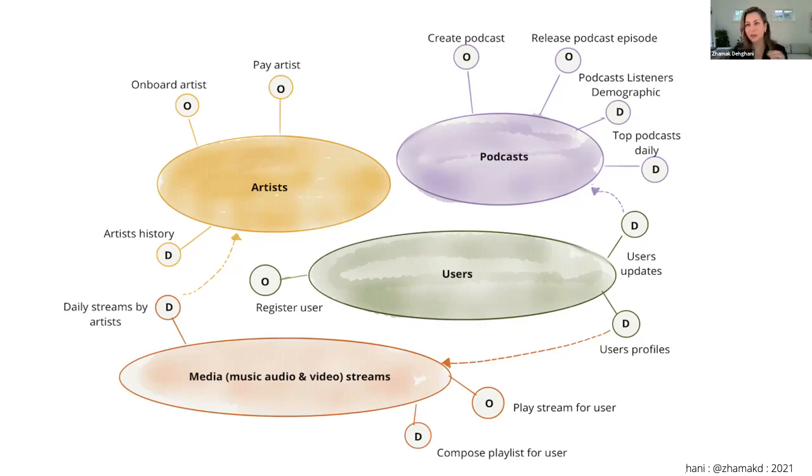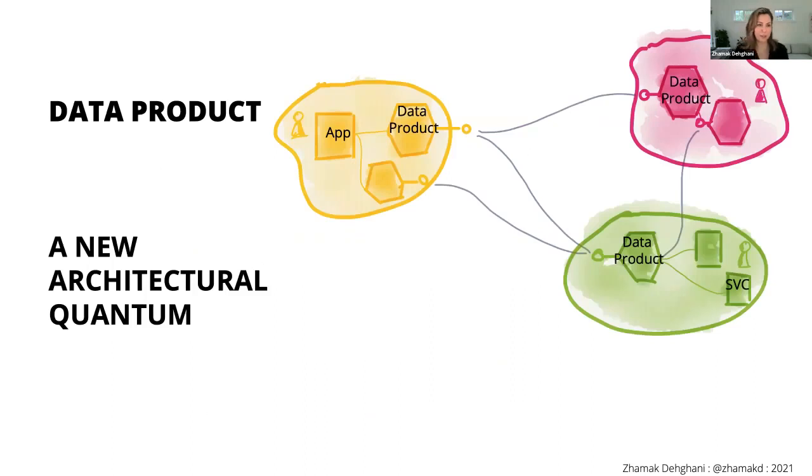To get that demographic, you will probably have to use data from your users. So there's a flow of data between the domains, serving data and consuming data. Or top podcasts daily. What are my top 10 or top whatever daily podcasts? So these are some of the analytical data that the domain now provides.